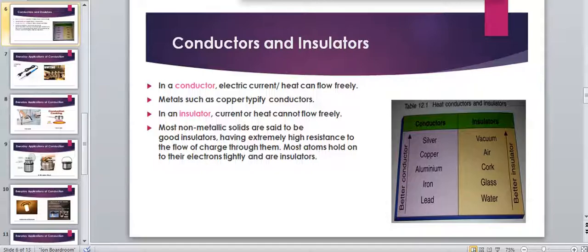So once the atoms complete their octet, it is then impossible for them to release the electrons of their outermost shell, and thereby they become insulators.